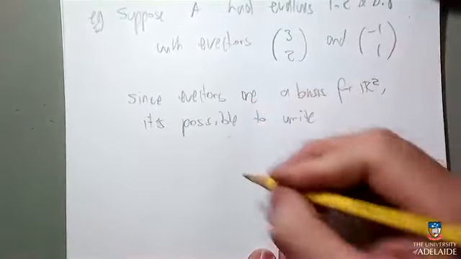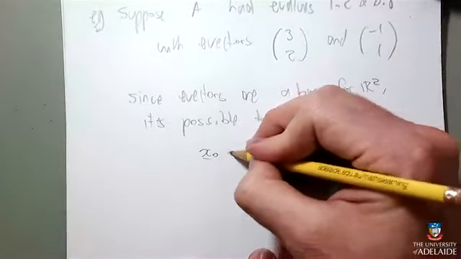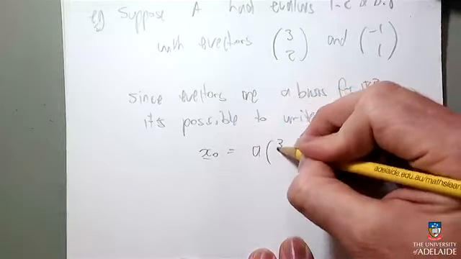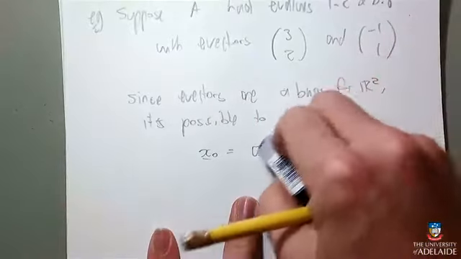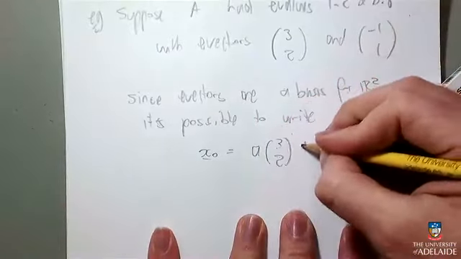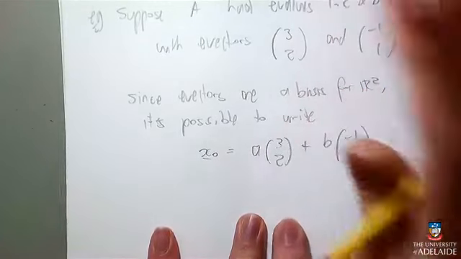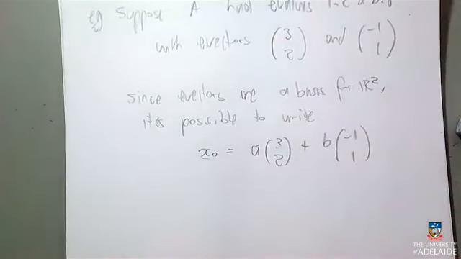It's possible to write x naught as some combo of these, like that. Because that's what a basis is, right? If they're linearly independent and there's two of them, they're going to be a basis for R2. That's because they're in R2. If they're linearly independent and there were two of them and I was in R3, it'd be a basis for something else entirely. But anyway, that means that everything can be written as a combo of those two things.